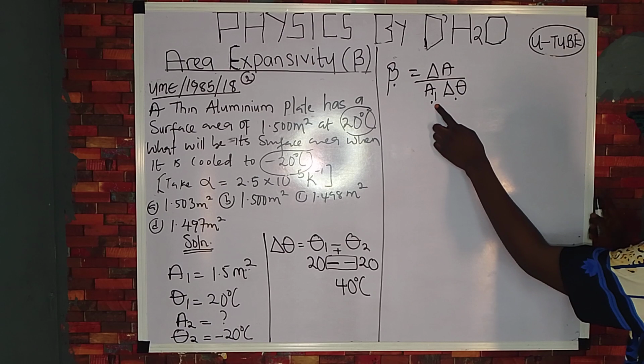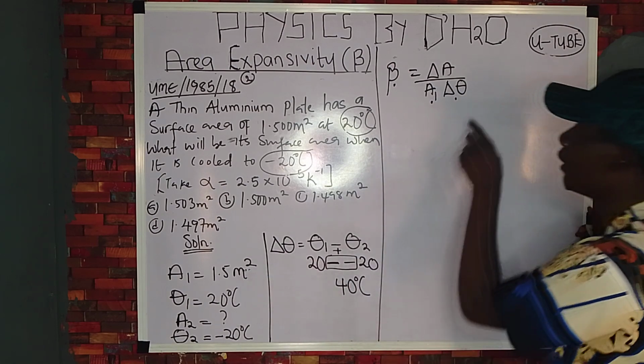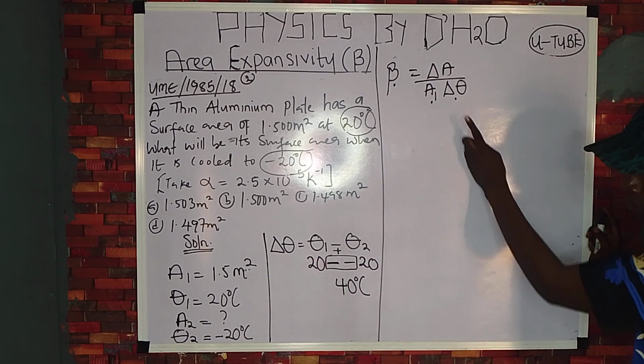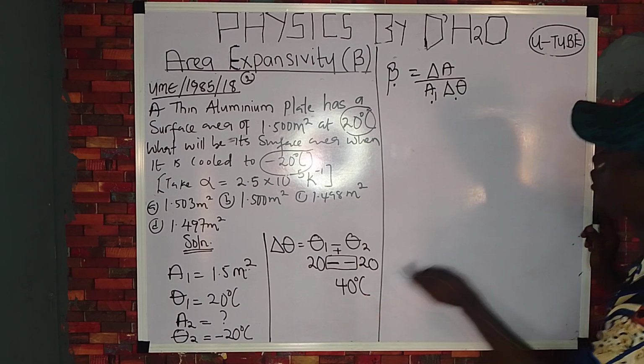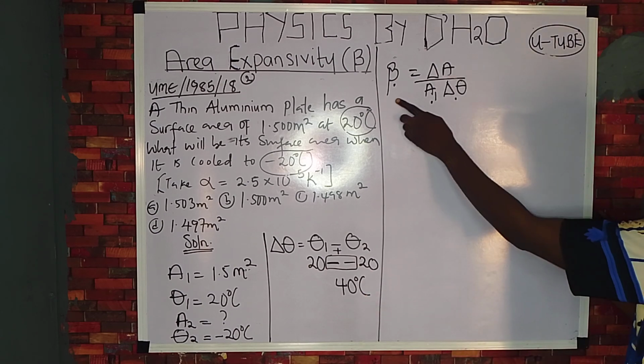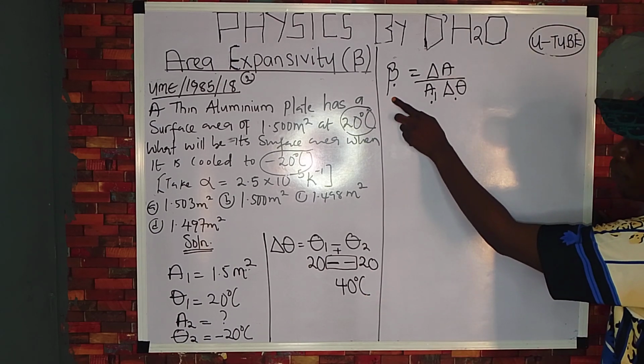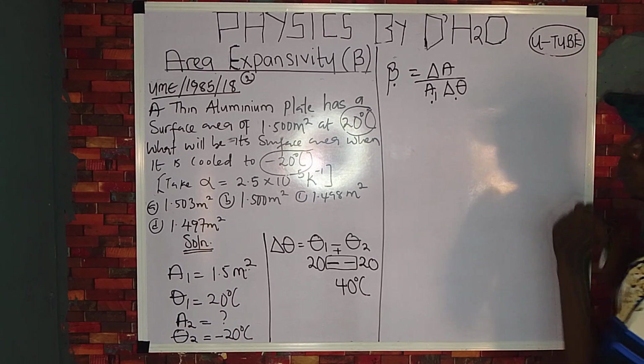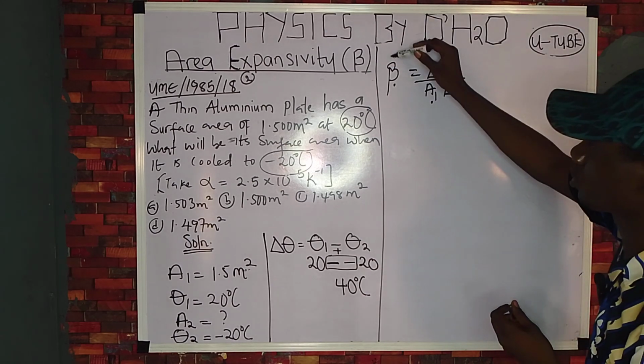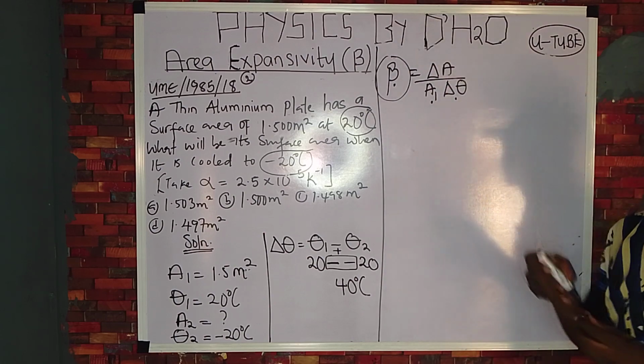That's what we need to calculate for our change in area. Do we have A1 in the question? Yes, look at it. Do we have change in temperature in the question? Yes, look at our change in temperature. We are looking for, do we have our area or superficial expansivity? No. So what do we do? It means that we must get our area expansivity.